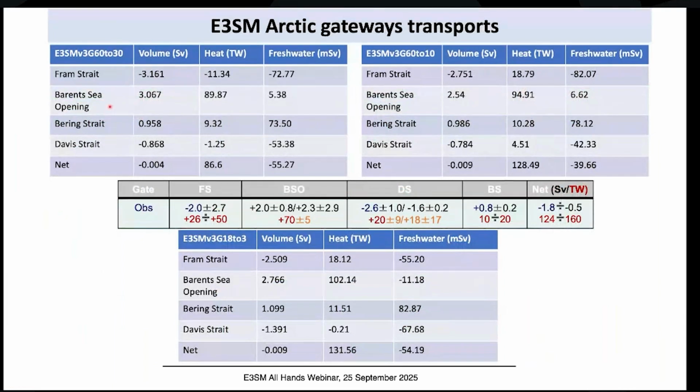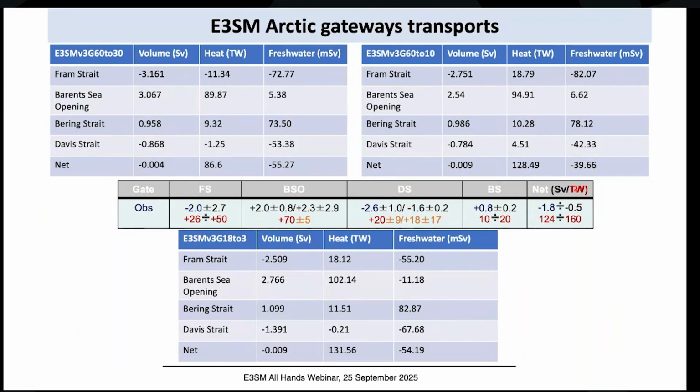Now I'm showing the budgets for 4 gateways from 3 different cases, 60 to 30 in the upper left, 60 to 10 high-res RASM in the upper right, and the AEROSI simulation at the bottom, compared to the known estimates from observations for 4 different gateways: Fram Strait, Barents Sea, Davis Strait, and Bering Strait.